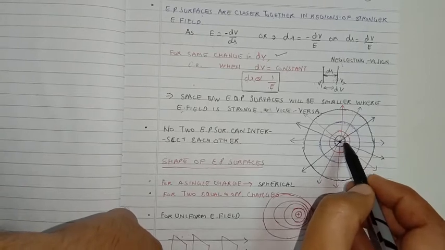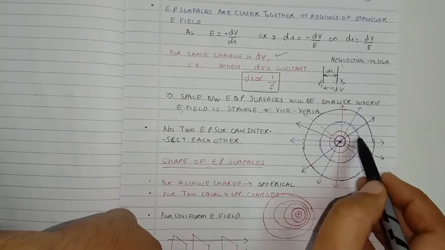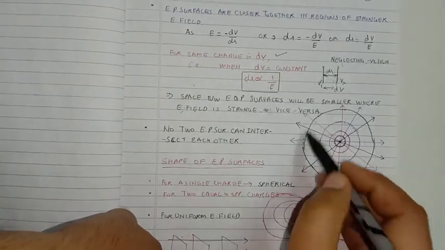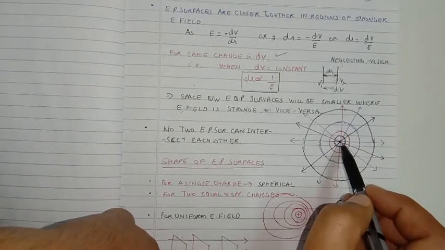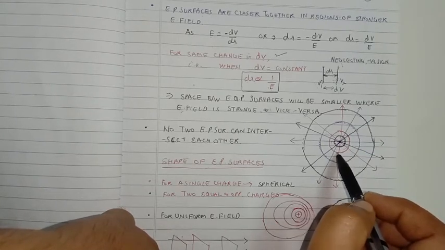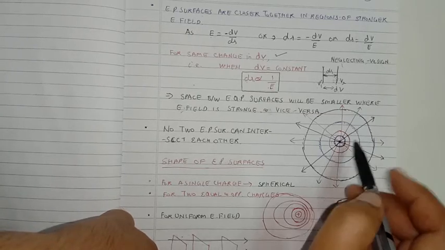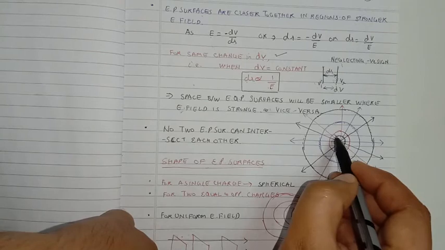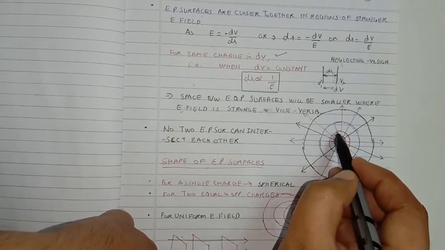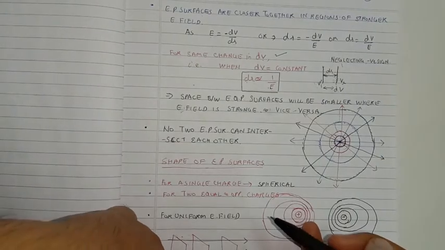So this is the first surface, this is the second surface, this is the third surface, and this one is the fourth surface. You can see that as we move away from the charge Q at the center, the distance between two consecutive surfaces is increasing. The distance is small here, it is increasing, and here the distance is even larger.